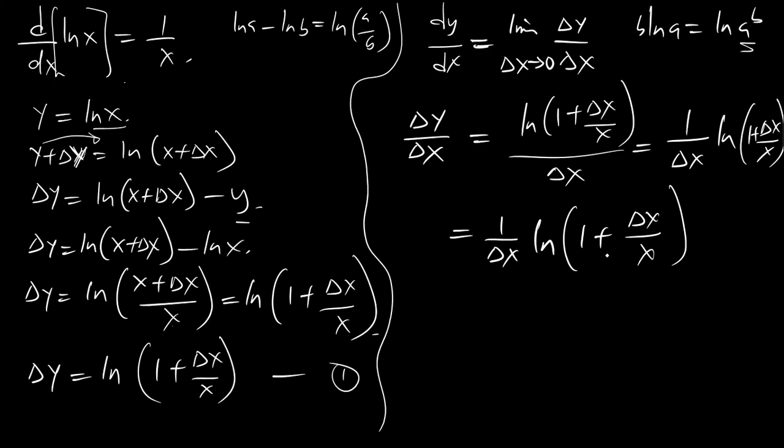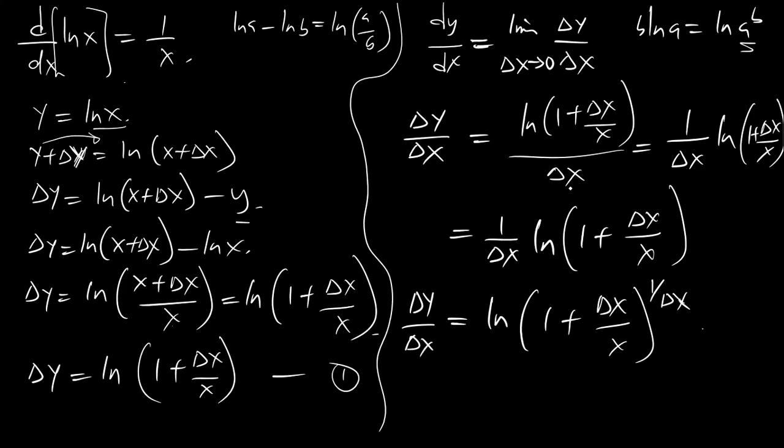Applying that rule here, we now have ln of 1 plus delta x all over x, all to the power 1 all over delta x. So we have gotten our delta y all over delta x, and we plug it into this expression here.